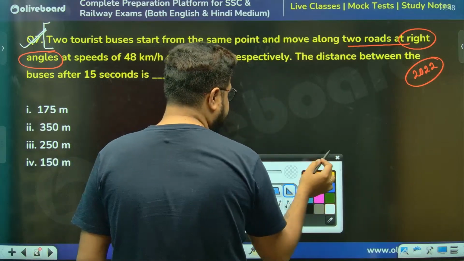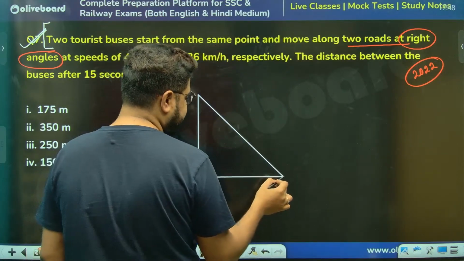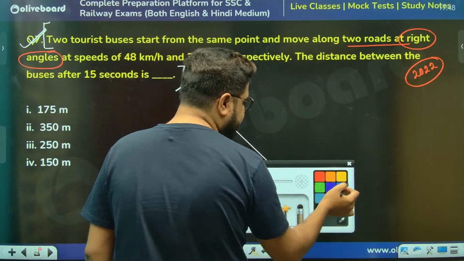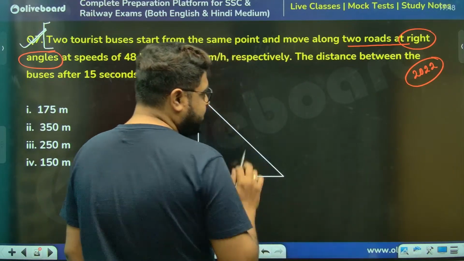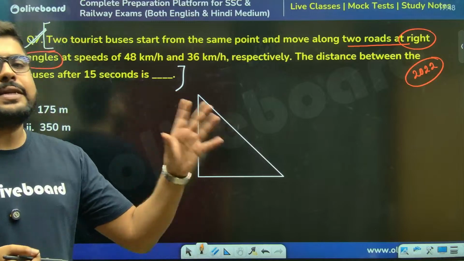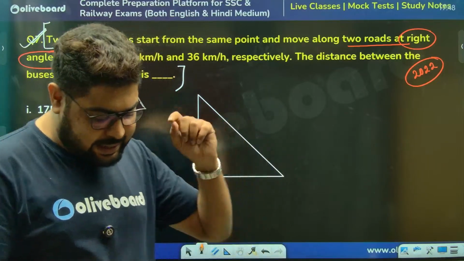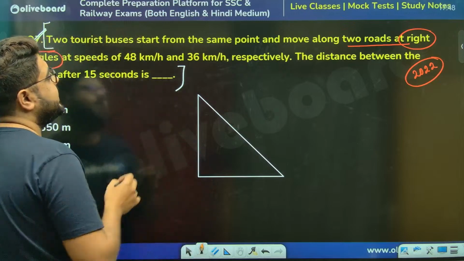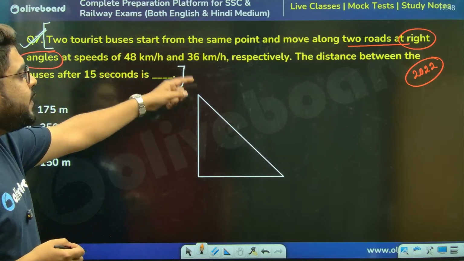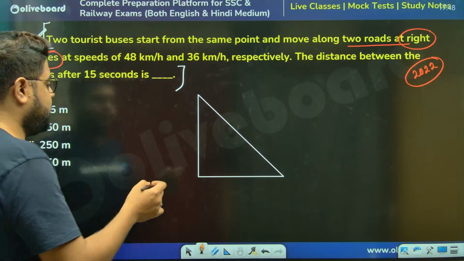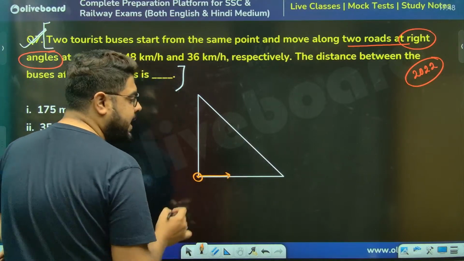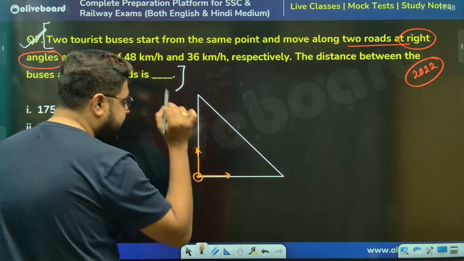I told you in the beginning, today we might solve fewer questions in terms of quantity, but all the questions are of high quality, not even a single bad question. Same point, move along 2 roads. Say for example they have started from here. One is moving in this direction, another in this direction.